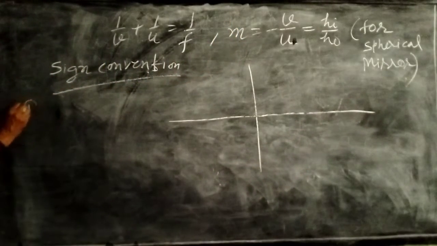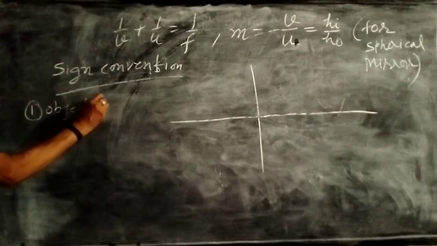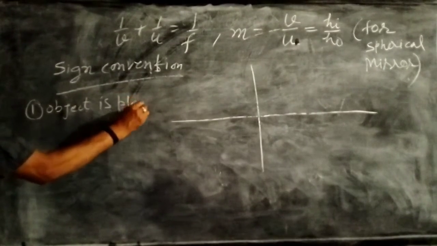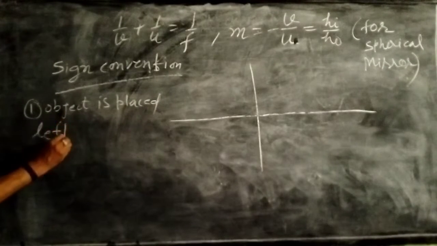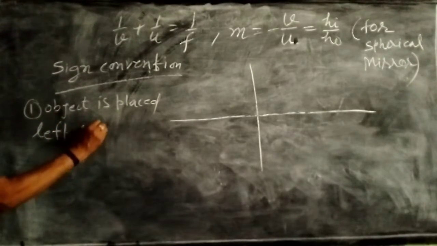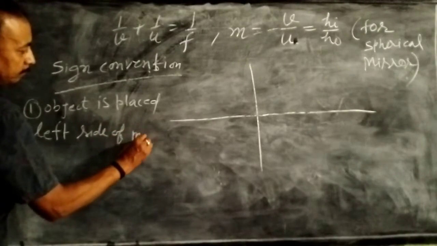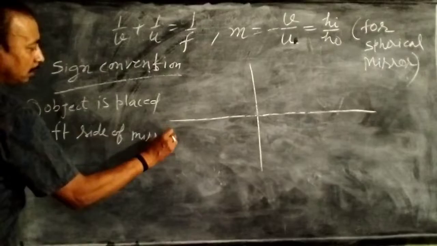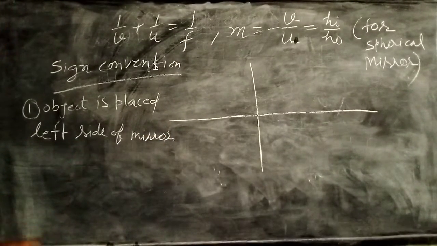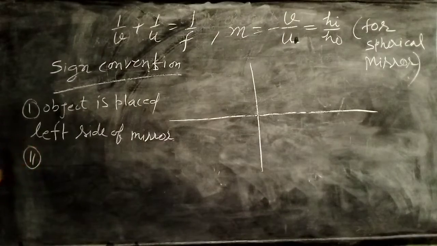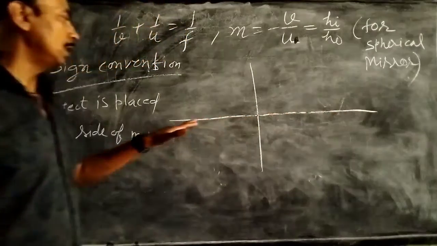first important thing is that the object is placed on the left side of the mirror. Always it is taken on the left side. Number 2, there are two types of distance mainly we have to consider.